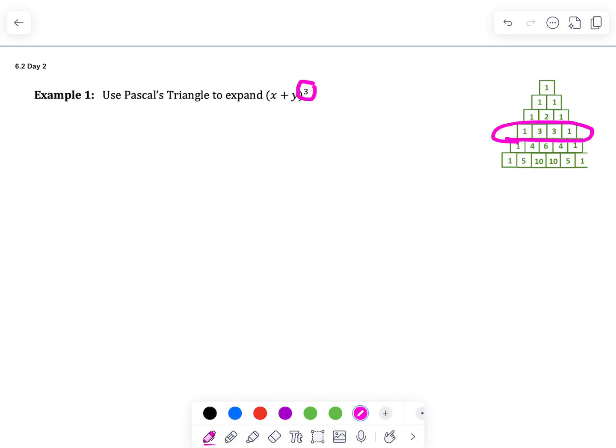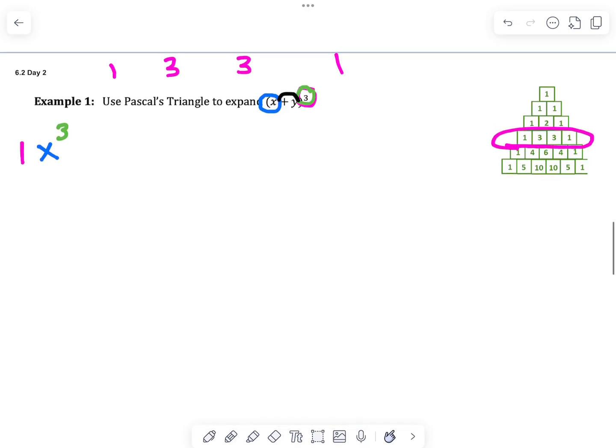I'm going to just go ahead and write 1, 3, 3, 1 as my row. And now those are going to be my coefficients. So my coefficient is 1, and then I choose the first term x, and I raise it to the power of 3. The second term is my y term.